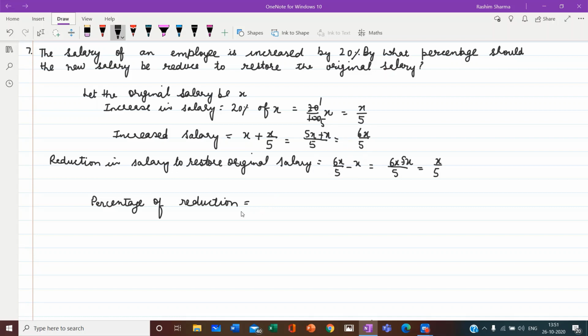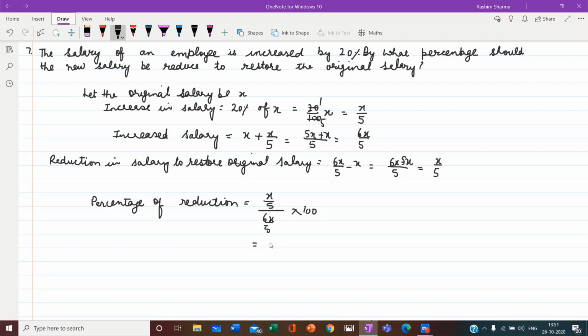reduction in salary. So the percentage reduction, how will we find it? That is x upon 5 upon the salary from which we have reduced, that is the new, increased salary. So that we have to write in the denominator into 100. So reduction in salary upon the salary from which we have to reduce, into 100.